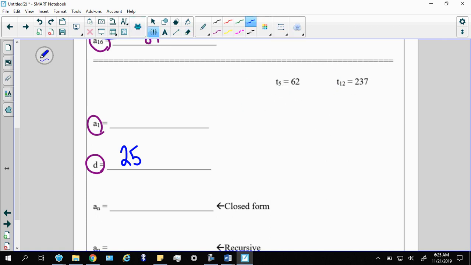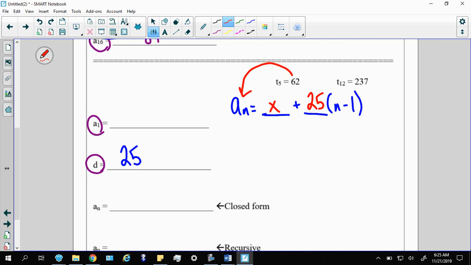So it is going to be A of n is equal to something plus something times n minus 1. Now, remember, I'm looking for my first term. I already have my common difference, which is 25. Now, the next thing is you have a choice here. Do you want to deal with 62 or do you want to deal with 237? Well, I like smaller numbers, so I'm going to deal with 62.